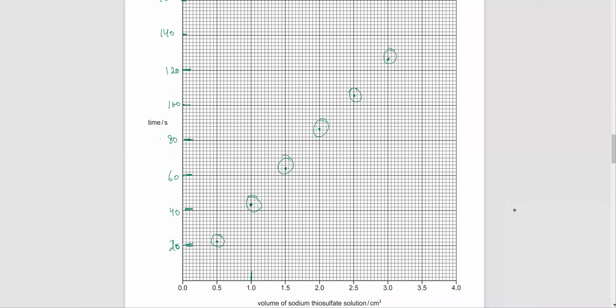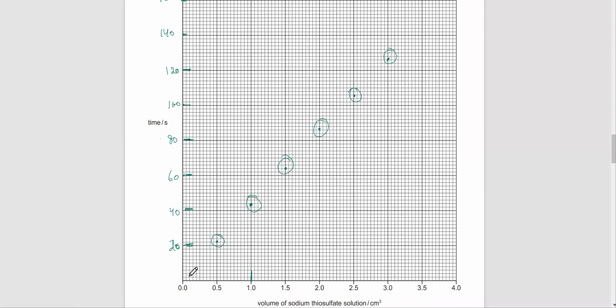Now one issue is, will the graph pass through the origin or not? Now that's when you're plotting graphs, that's a very important issue. Agar volume of thiosulfate is 0 cm cube, time required kitna hoga? It's going to be 0 as well. I mean, the reaction is not going to happen. ठीक है?